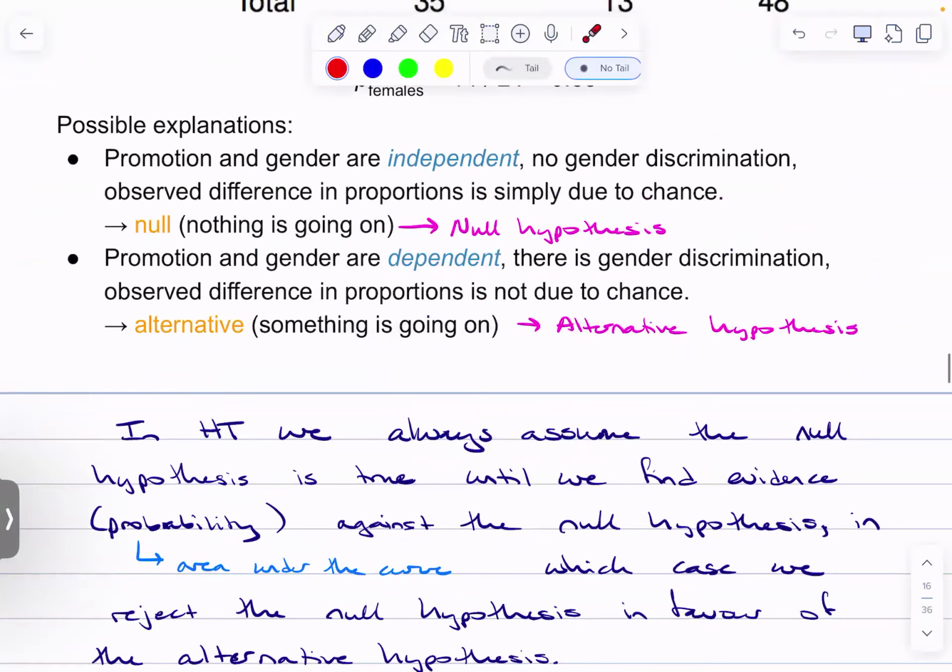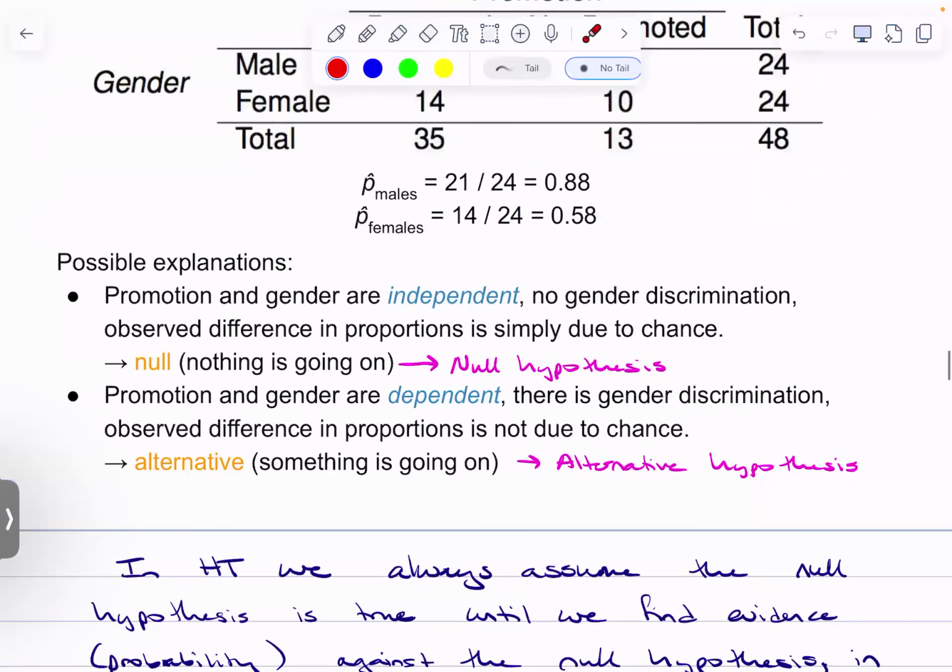In terms of this example, we would go through and say, fine, let's assume that promotion and gender are independent. I assume that 0.88 is basically the same as 0.58 until I do some math, secret math, until next day. And I say, hey, the probability of these two things being the same is very small.